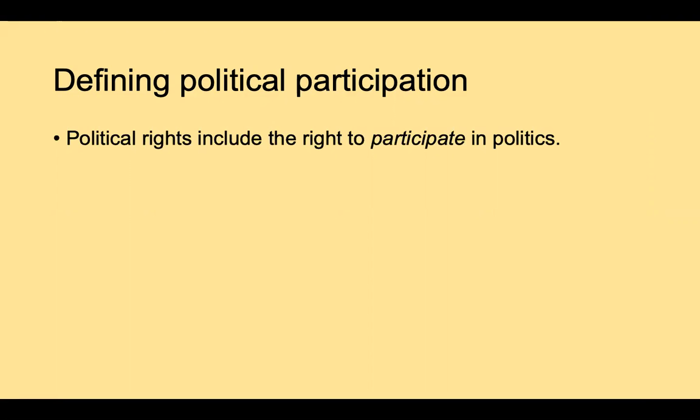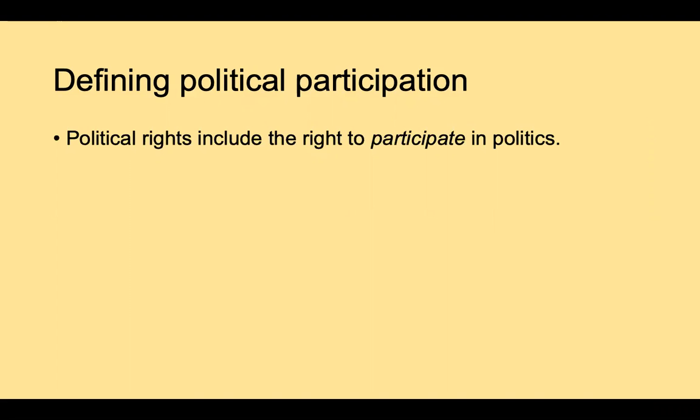The definition of political participation is a difficult nut to crack because there's a lot of debate about what constitutes political participation and whether different forms of participation are equally political and equally important when we consider different types of behavior by individuals or groups. But the starting point for all of these discussions is the acknowledgement that political rights include the right to participate in politics.